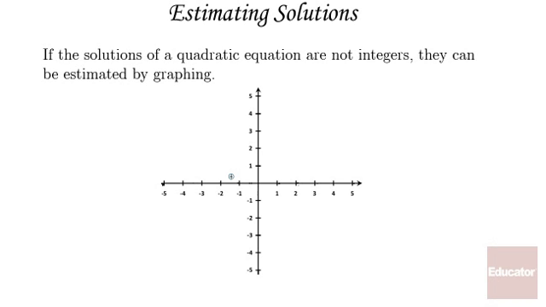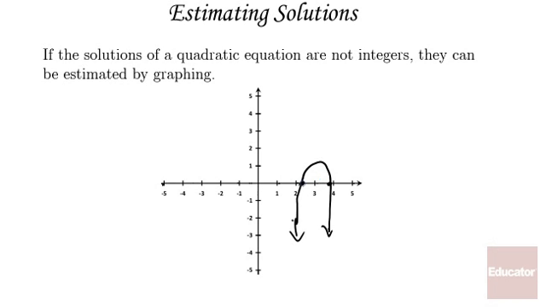In that case, what we do is we estimate the solution. That may be the best you can do if you're using the graphing method. For example, I may come up with this. And I do have two distinct solutions. I have two x-intercepts, but I can't give an exact value based on this graph.